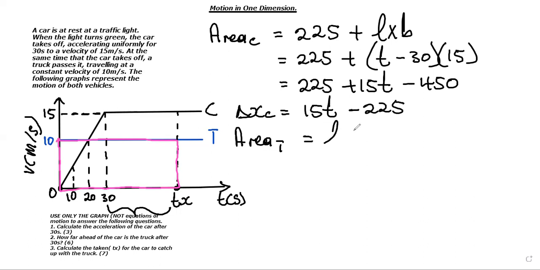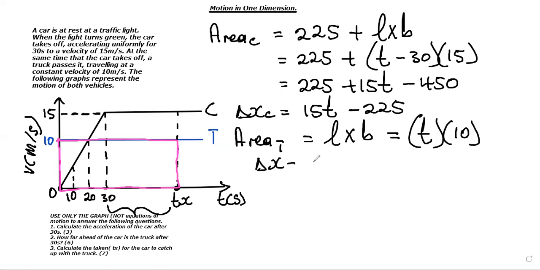So you say its length multiplied by the breadth. The length of this rectangle will be t seconds, because it starts at 0, it ends at x, or rather at t. So the total time there is t seconds. Then you multiply this by the breadth, which is just 10 meters per second. So this means the displacement of the truck will just be 10t meters.